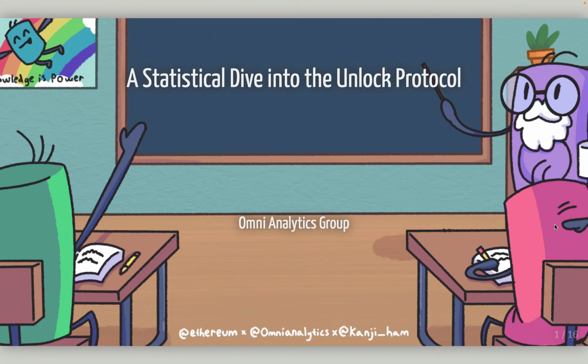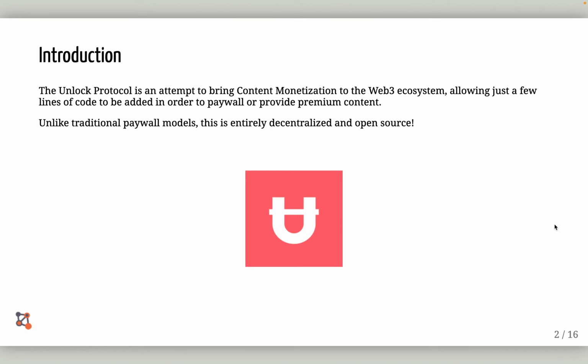They not only make a great case study for pulling, analyzing, and visualizing data from the blockchain, but can really go beyond just the Unlock Protocol. So we hope you enjoy this. Let's get started, and I'll walk you through what we did.